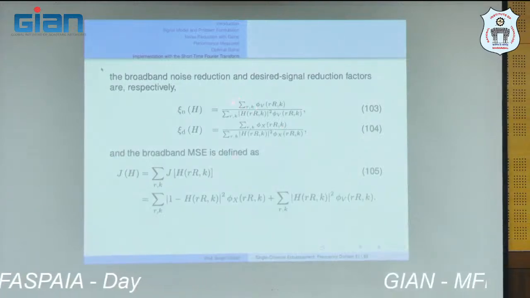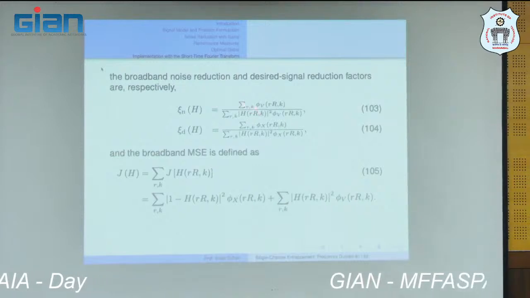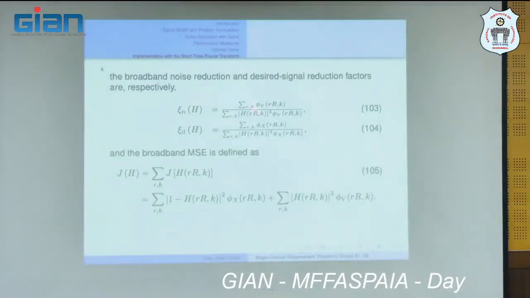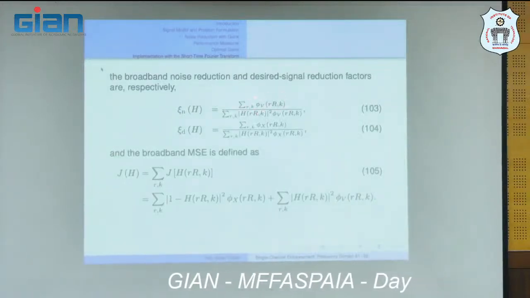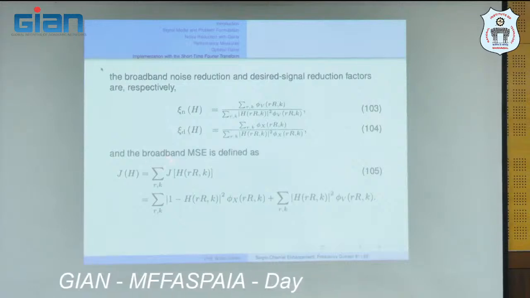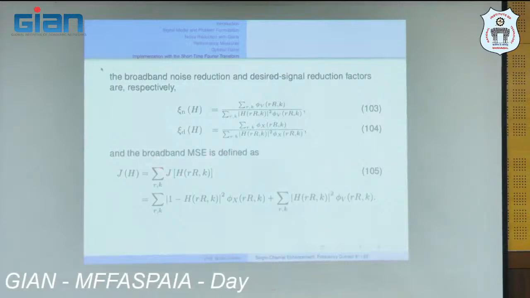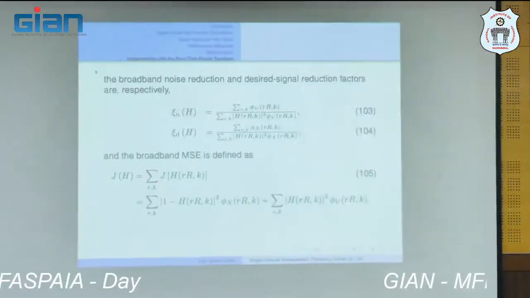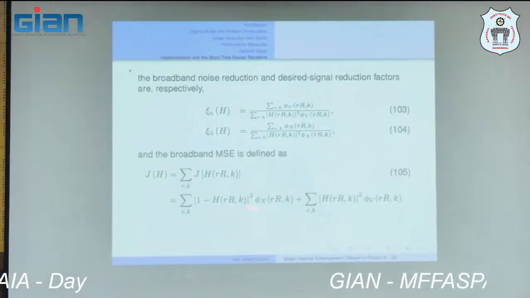Here we take summation over the time indices of the windows and also the frequency indices. So we take summation over the time frequency bins of the STFT. We can also compute the broadband MSE as summation over the time and frequency of the MSE for each time frequency bin.